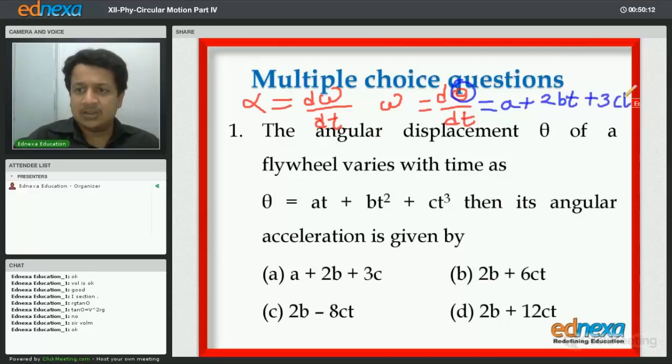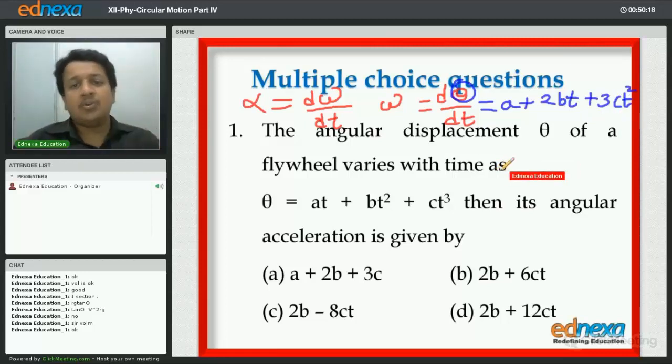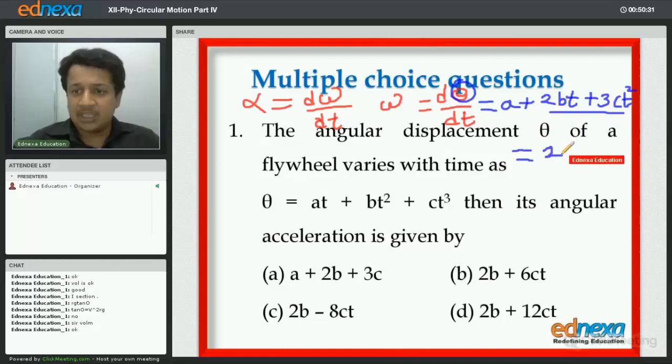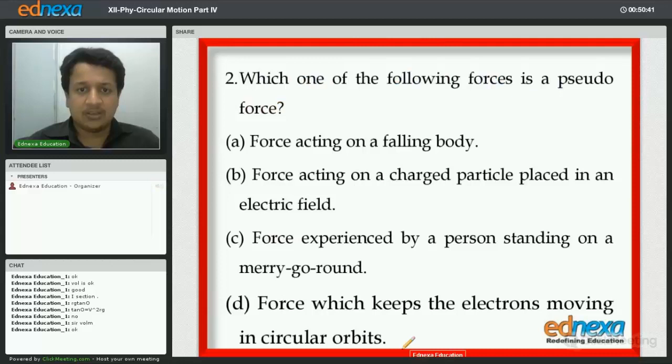Is it right? This omega again we are going to differentiate, and then alpha is equal to how much? After differentiating omega, it is 2b plus 6ct. Is it right? So 2b plus 6ct means b is the correct answer.